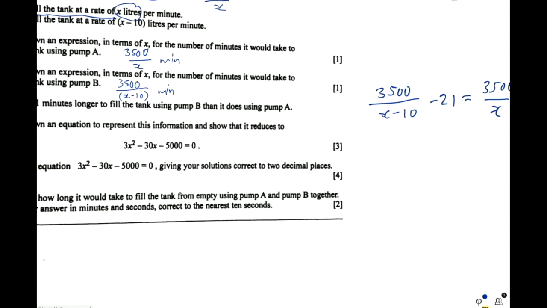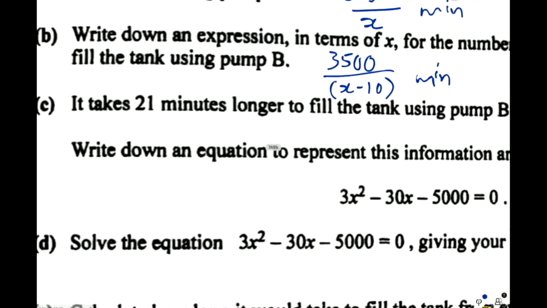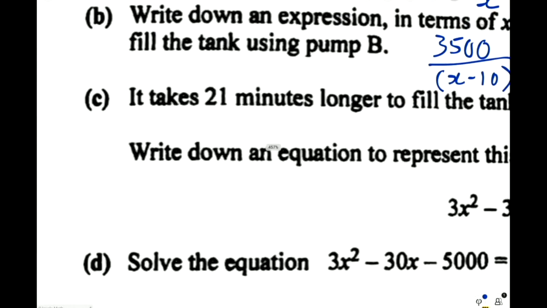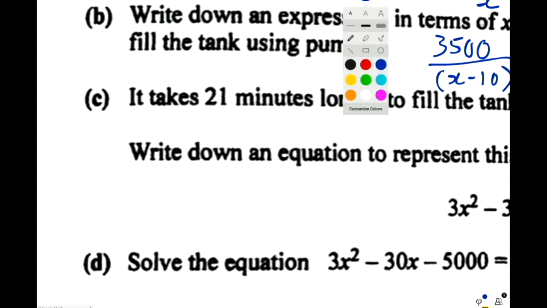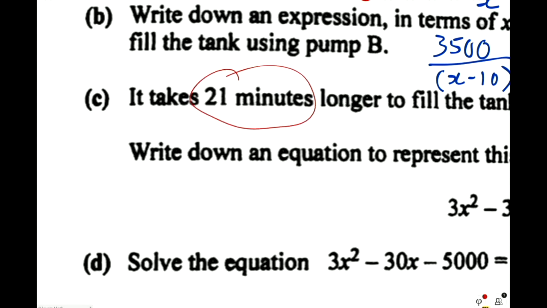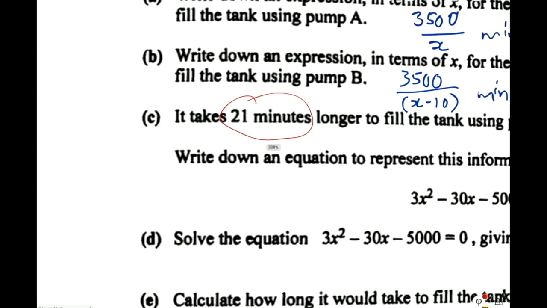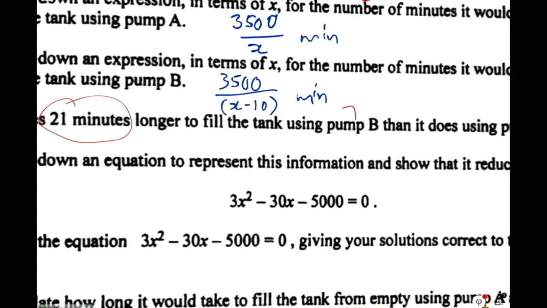Part C says that it takes 21 minutes longer to fill using pump B. That means the time here is 21 minutes more than the previous one.